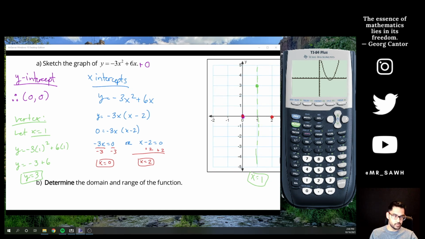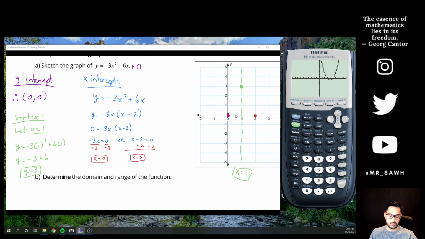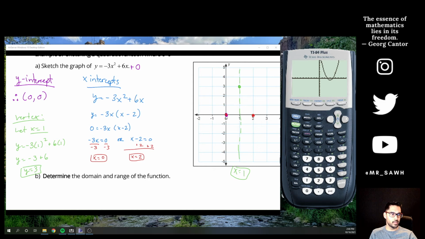Okay, so look where your vertex is this time. It's up on the top, so I know that this is going to be opening downwards. It'll have that sad face kind of look, and I know that because my original equation also had a negative. So super helpful. Again, I've got all my 4 critical points on there. The 2 intercepts in red, my y-intercept in purple, and they matched one of my x-intercepts, my vertex in green, so I've got enough for my shape of this.